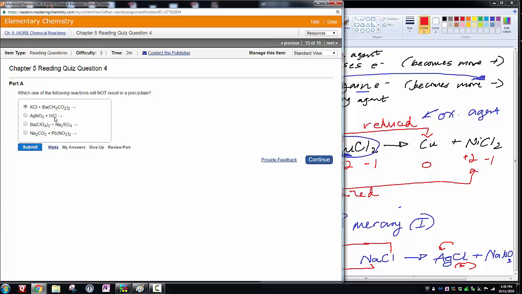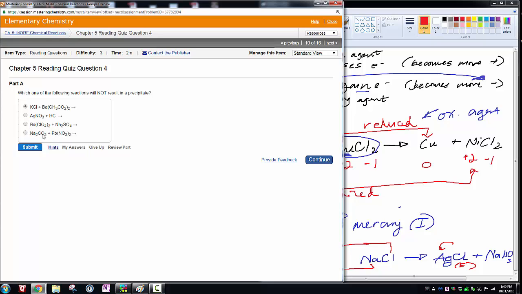Ag with Cl, yep, silver is one of my exceptions to chlorine being soluble, so that would form a precipitate. Outsides, barium with sulfate, yes, barium is one of the exceptions to sulfate being soluble, so I would expect this to result in a precipitate. And finally, outside sodium with nitrate, that would be soluble. Insides lead with carbonate. Neither of those are on our list of things which are soluble, so I would expect that to be a precipitate.